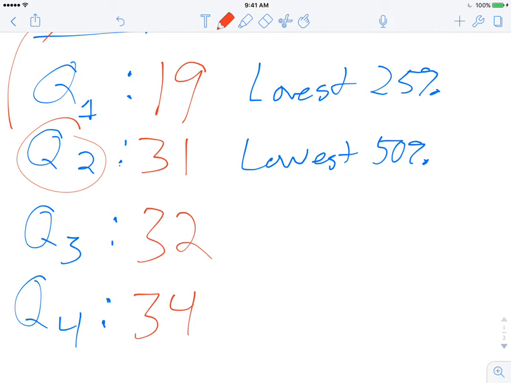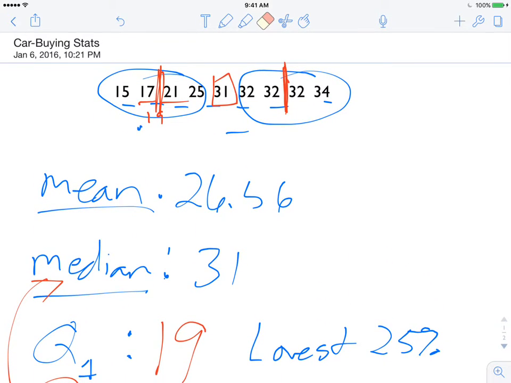And basically, if you think about it, quartile 3 is kind of the dividing line between the middle 50 to 75% and the upper 25% of the whole data set that you have. So anything between quartile 3 and quartile 4 is going to be your upper 25%.